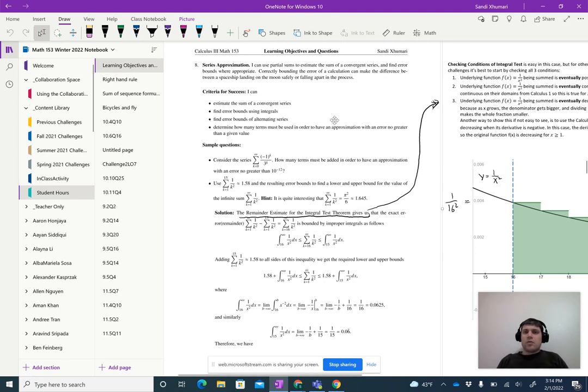If, say, your series calculation is approximating something about a rocket landing on the moon, and we want it to be within a certain error, then this becomes quite important. There are two types of problems that you will see for learning Objective 8. One is with alternating series, and one is with series that you can apply the integral test to determine convergence or divergence.